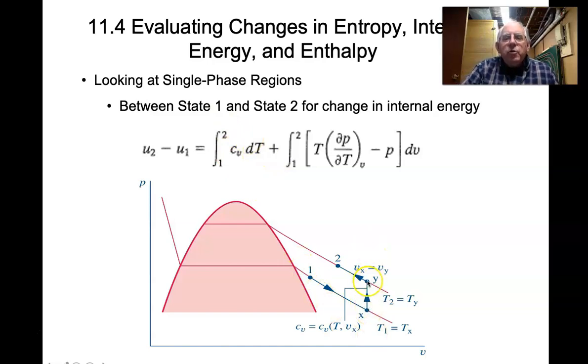And then once we get to Y, we then can go up a new constant temperature line up to this new point 2.